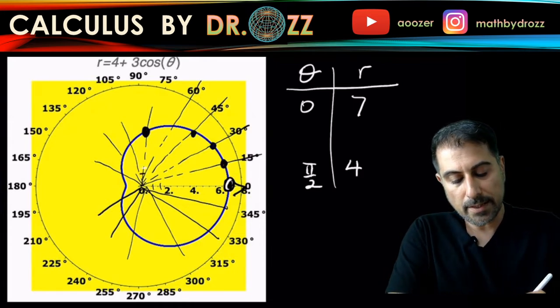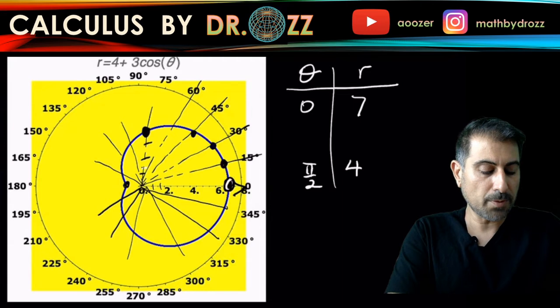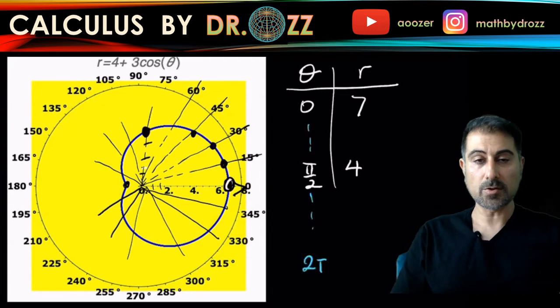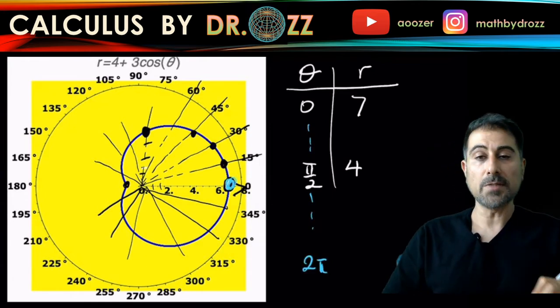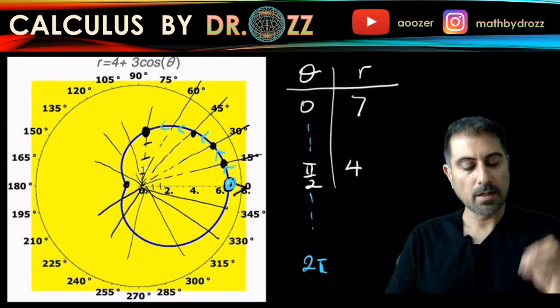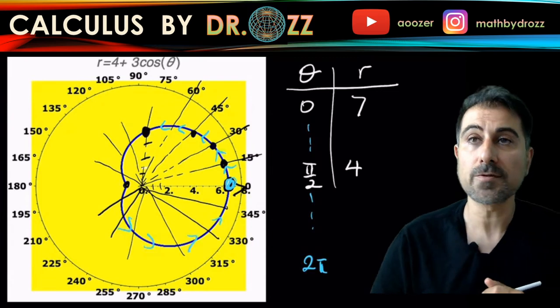Then keep going, and once you go all the way to 2 pi, that's one full loop, and you go back to where you started. If you choose theta min to be 0 and theta max to be 2 pi, you're going with this orientation on the curve.